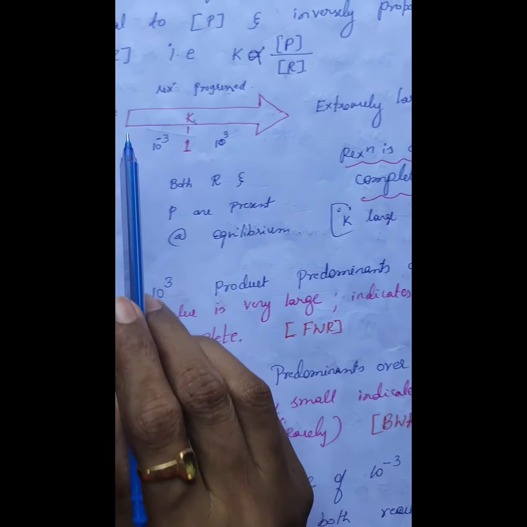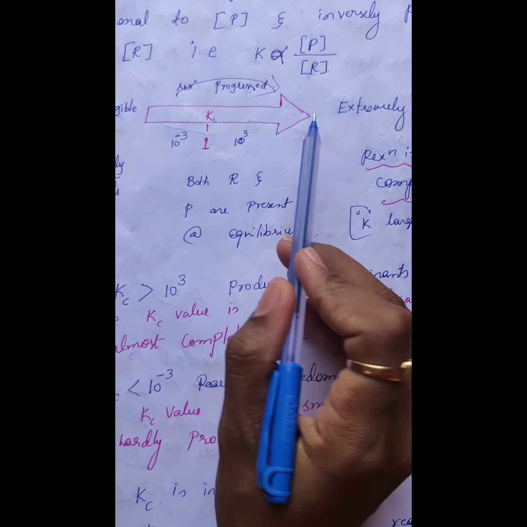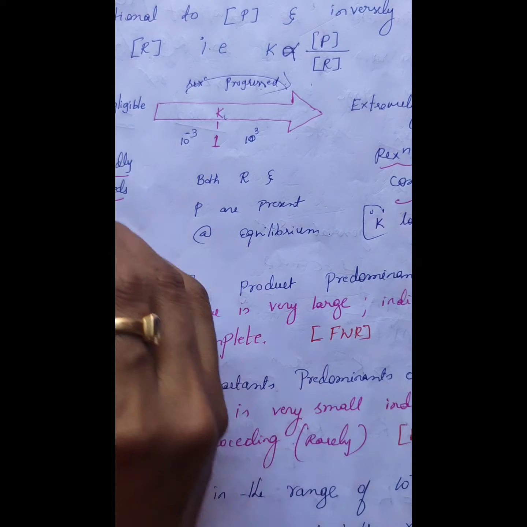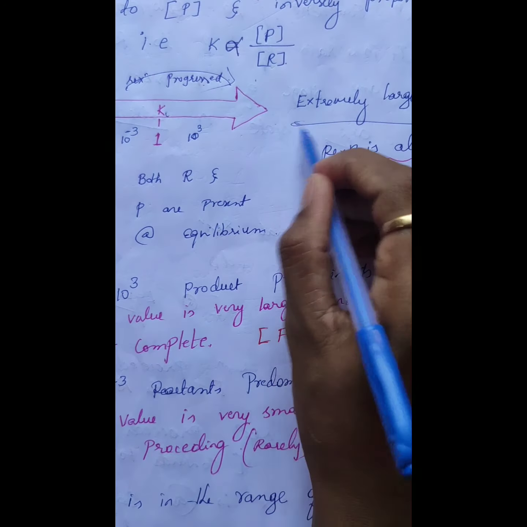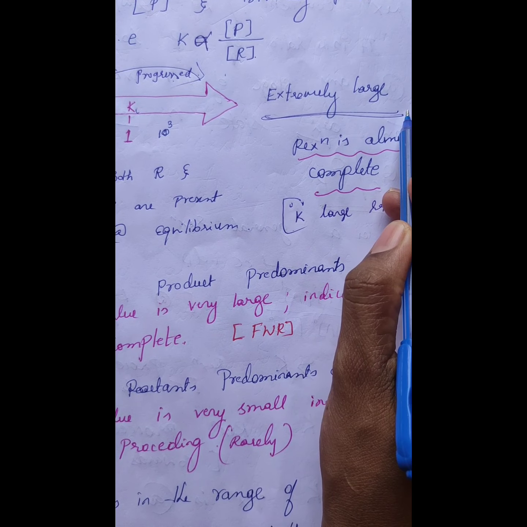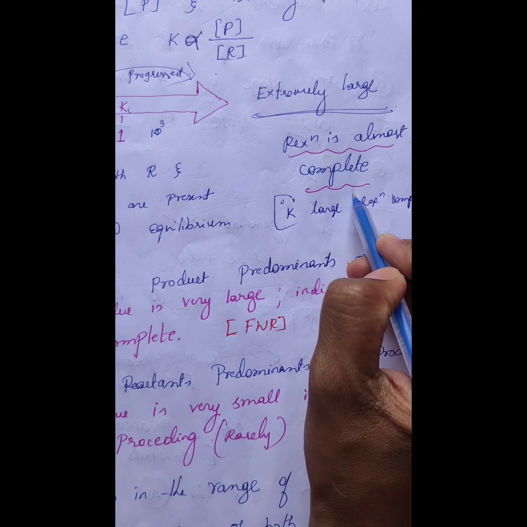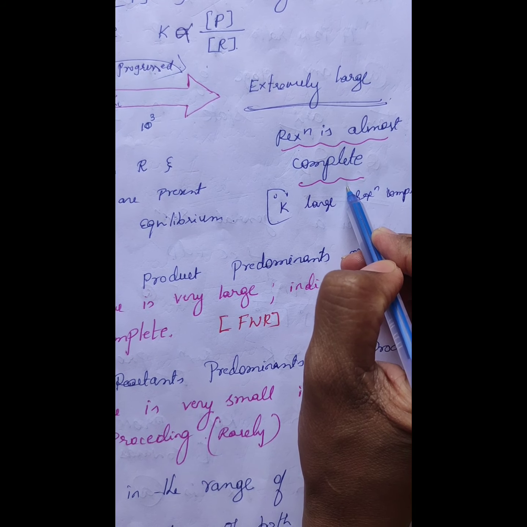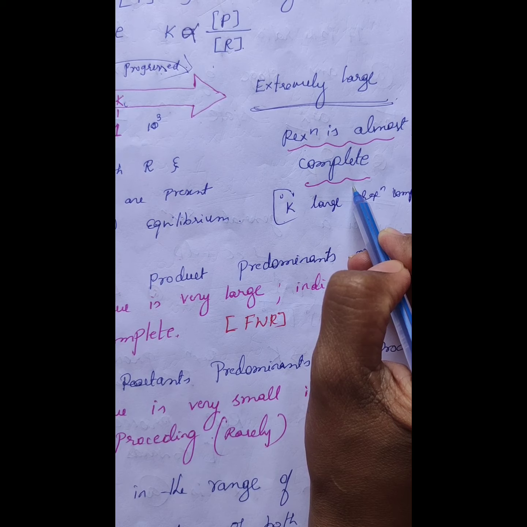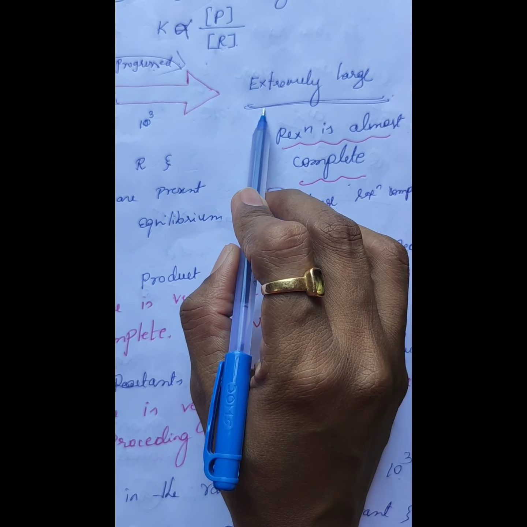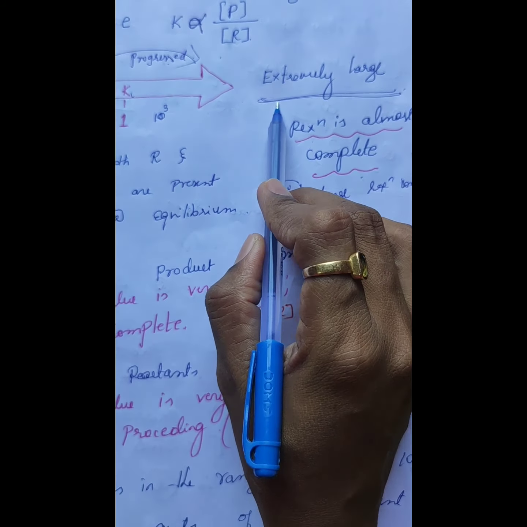Now consider a reaction that has progressed in the forward direction, as I have represented. Here I have shown a negligible amount of reactant, and here an extremely large amount of the product, meaning the reaction is almost completed. So children, as the reaction progresses, more and more product formation takes place, and almost all the reactant gets consumed.